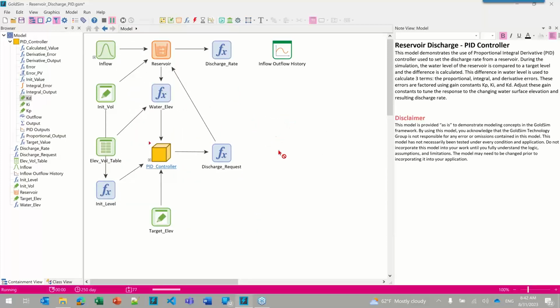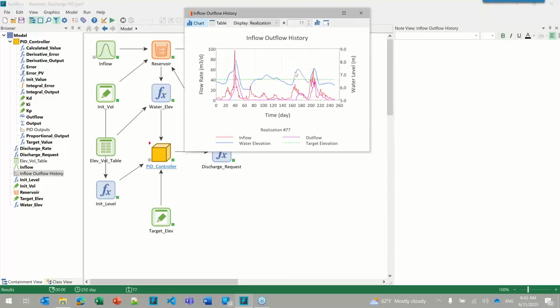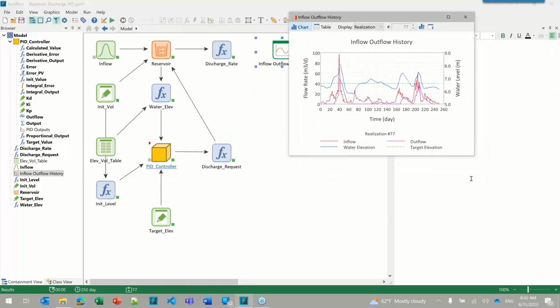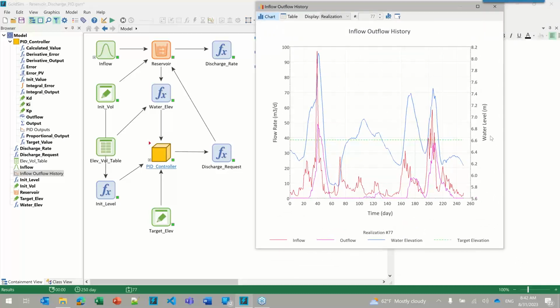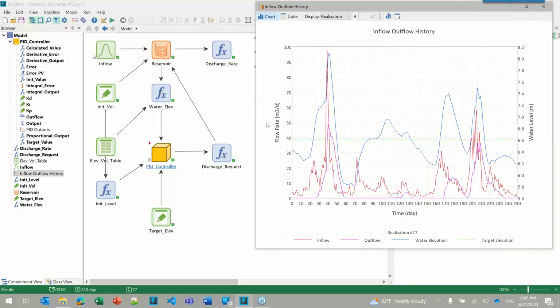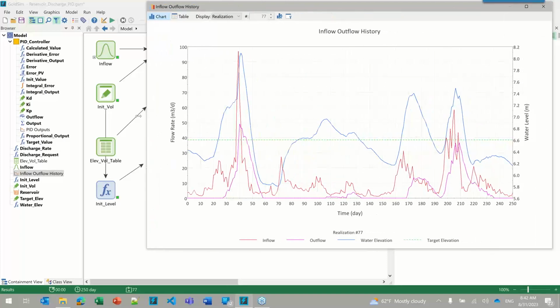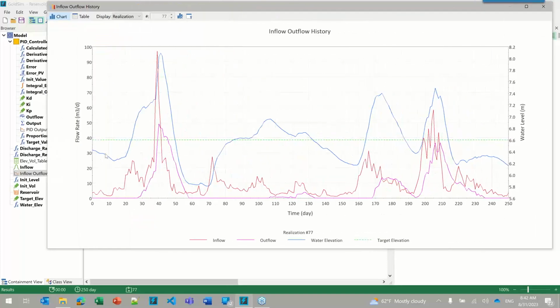So when I run this model and we look at this response, I ran this over a longer duration because it's kind of better to see it over the long term. And you can see here over on the Y2 axis, that's the water level as it's varying from the target.